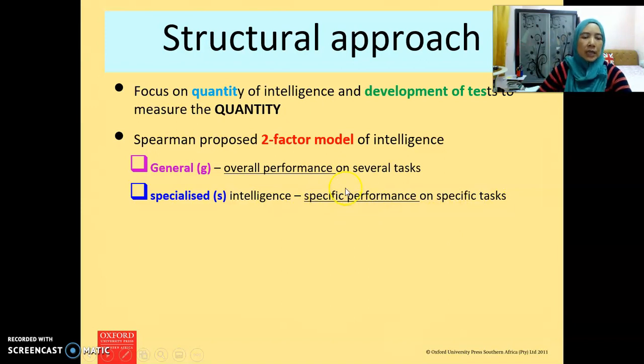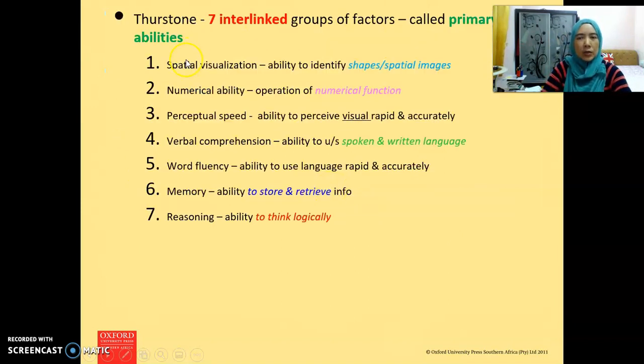Thurstone came up with seven interlinked group factors called the primary mental abilities, consisting of, for example, spatial visualization, the ability to identify shape or spatial image. Numerical abilities, the ability to understand numerical functions. Perceptual speed, the ability to perceive visual information rapidly and accurately.